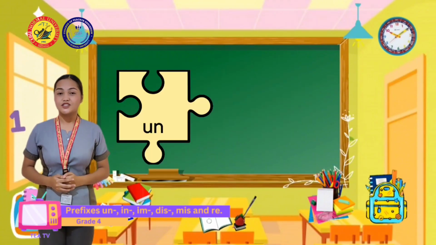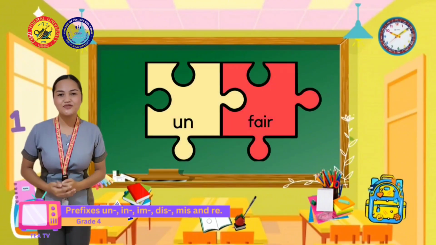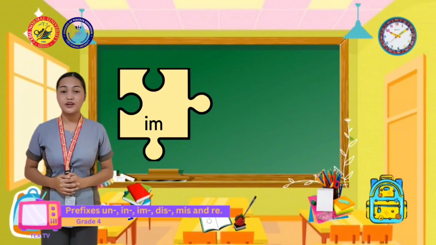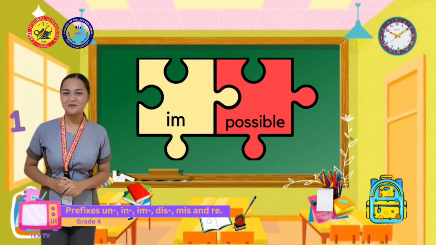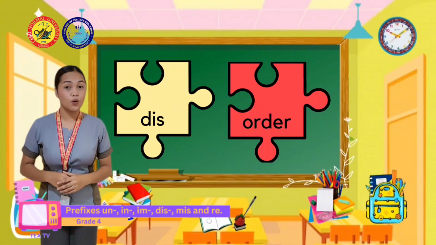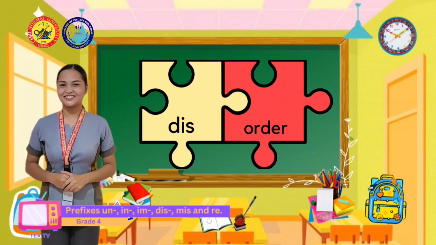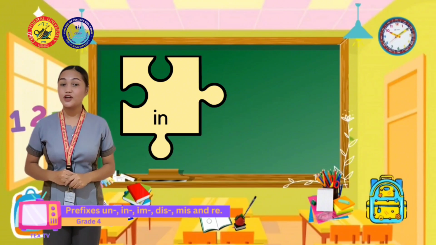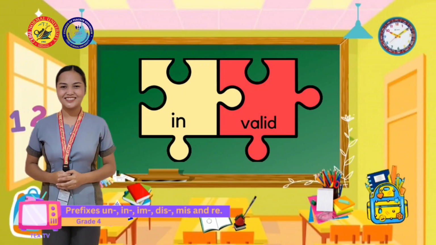Un, together with fair, is the word unfair. And im, together with the word possible, is the word impossible. Dis, together with the word order, is the word disorder. And lastly, in, together with the word valid, is the word invalid.